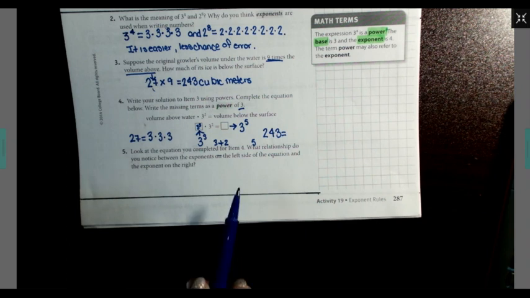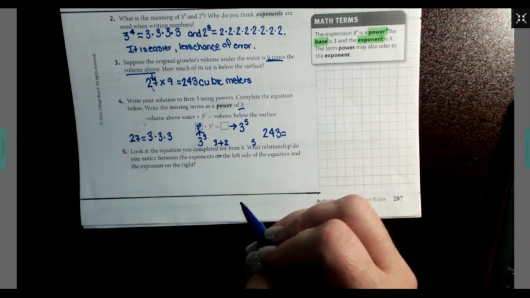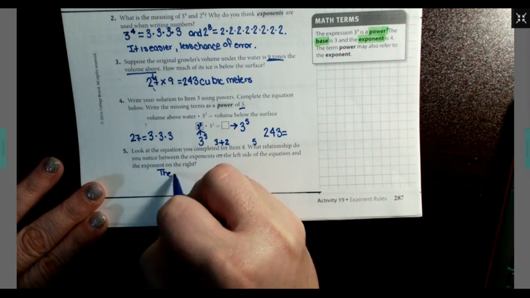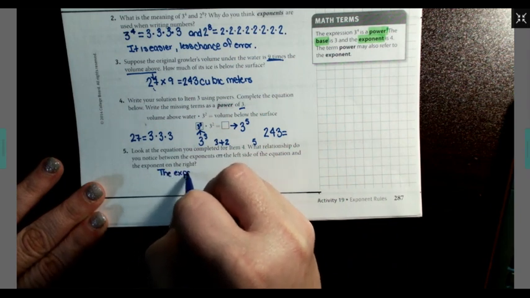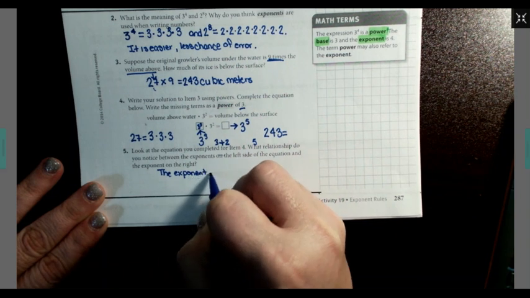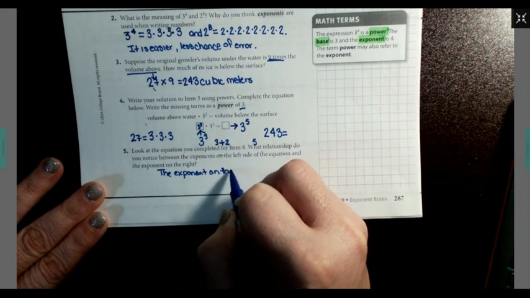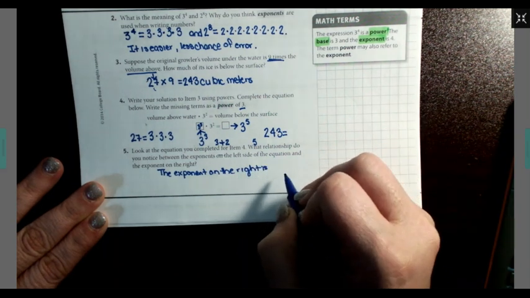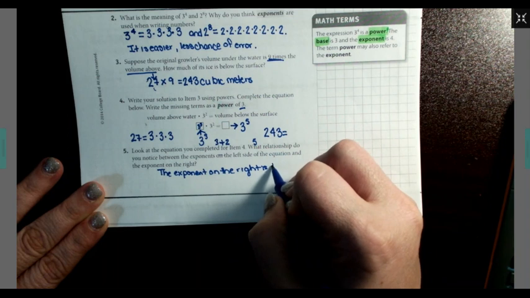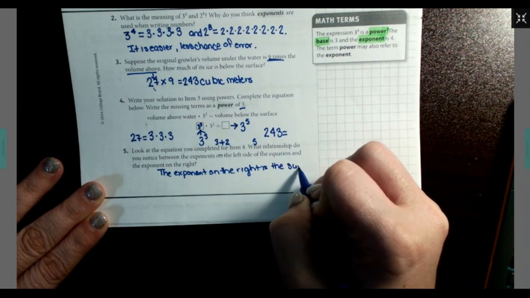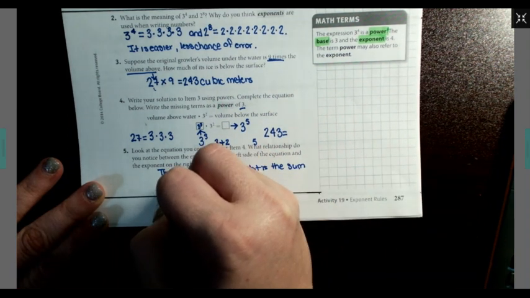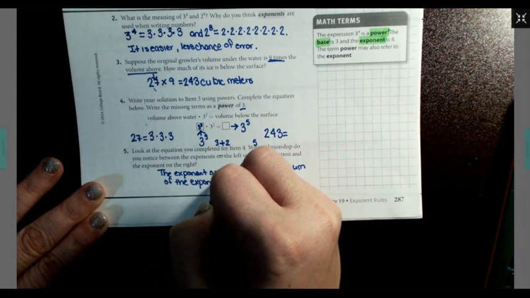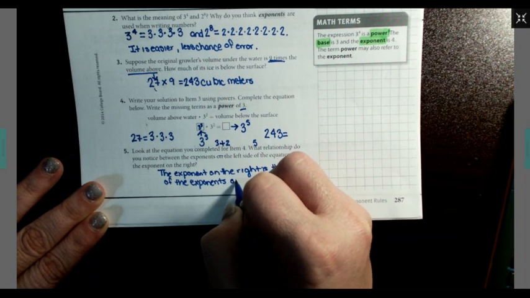If you add them, you get 5. The exponent on the right is the sum of the exponents on the left.